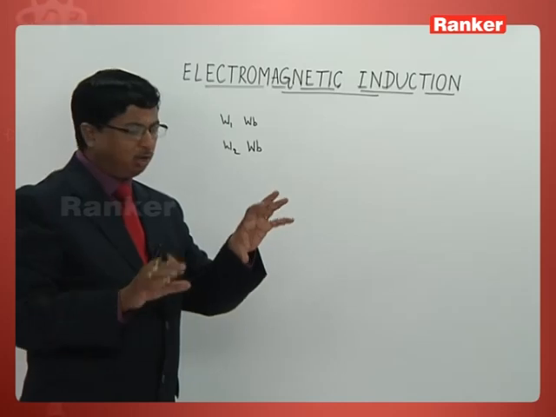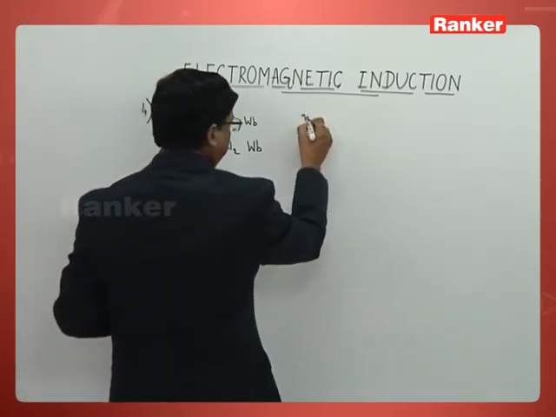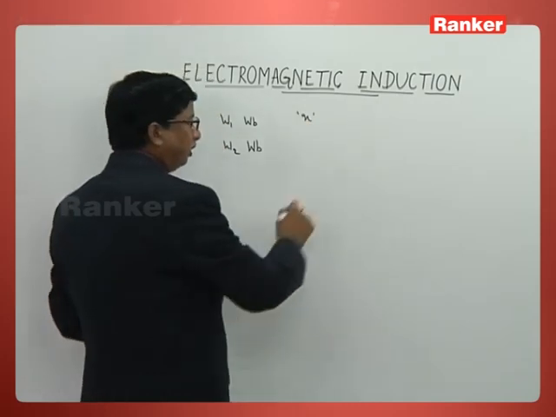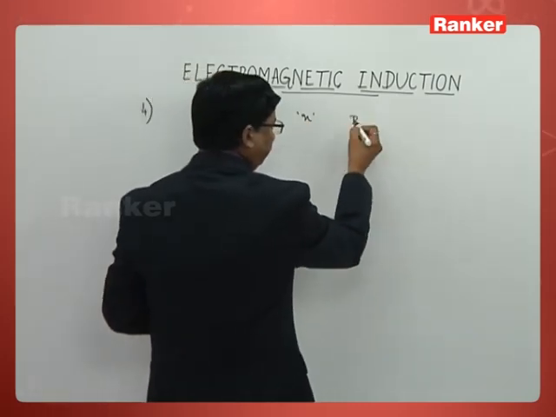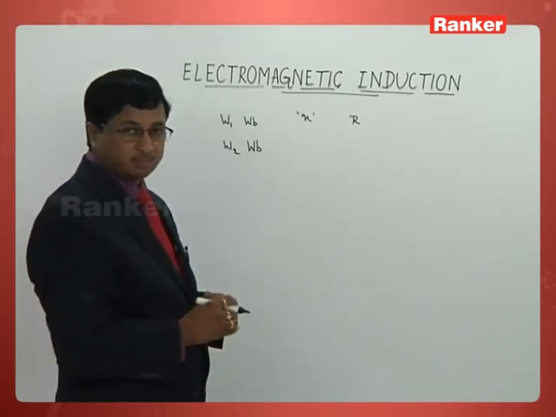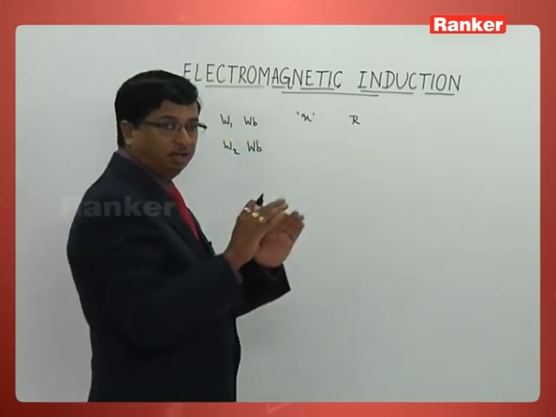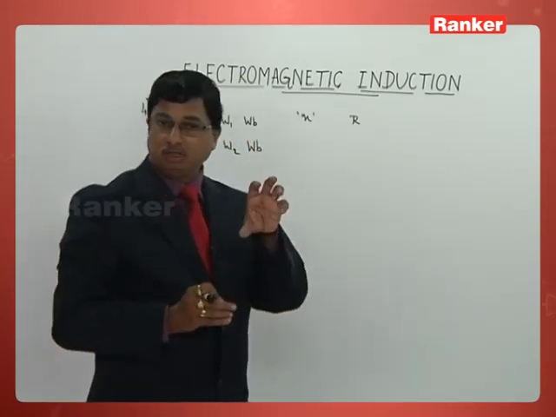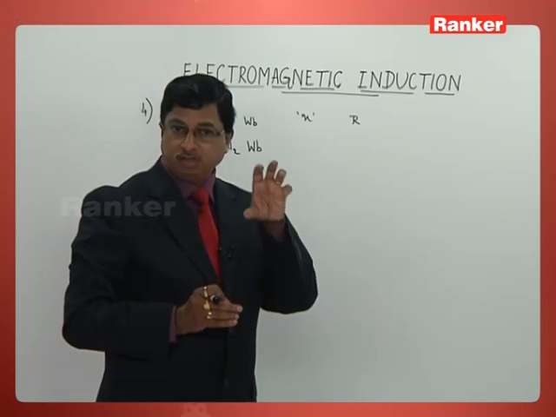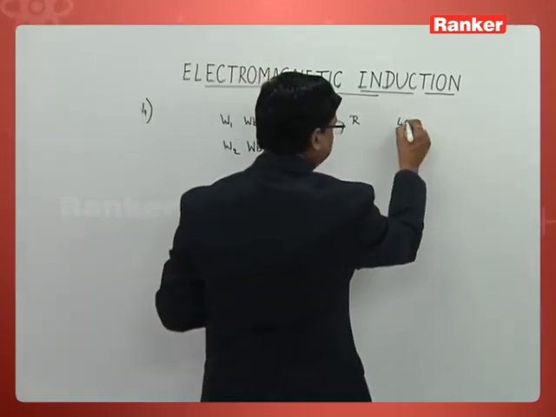If you look at the other values he has mentioned, there are n turns in the coil, and R is the resistance of that particular coil. It is now connected in series to a galvanometer, whose resistance is very clearly given as 4R.